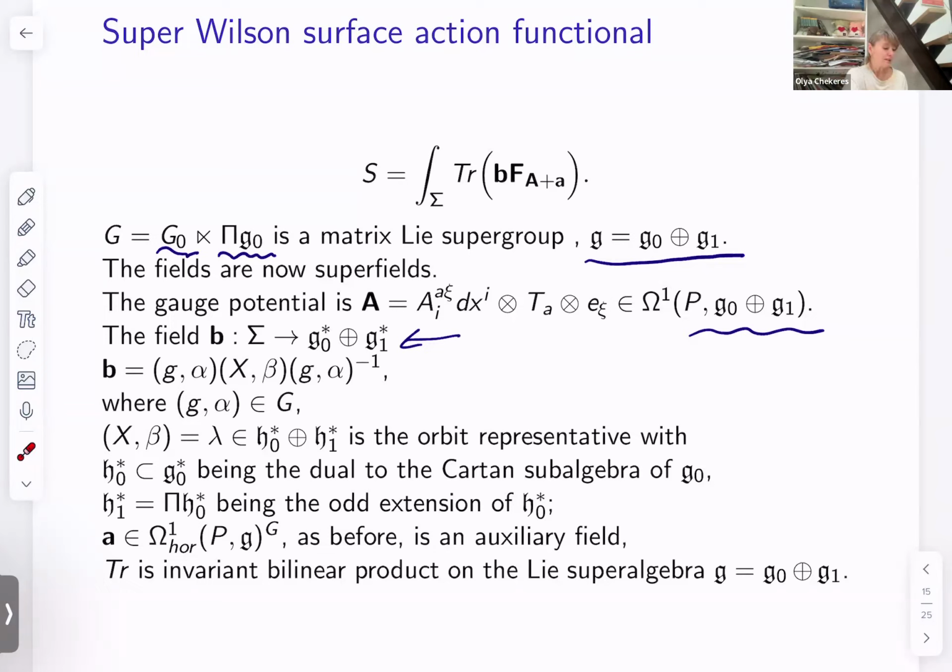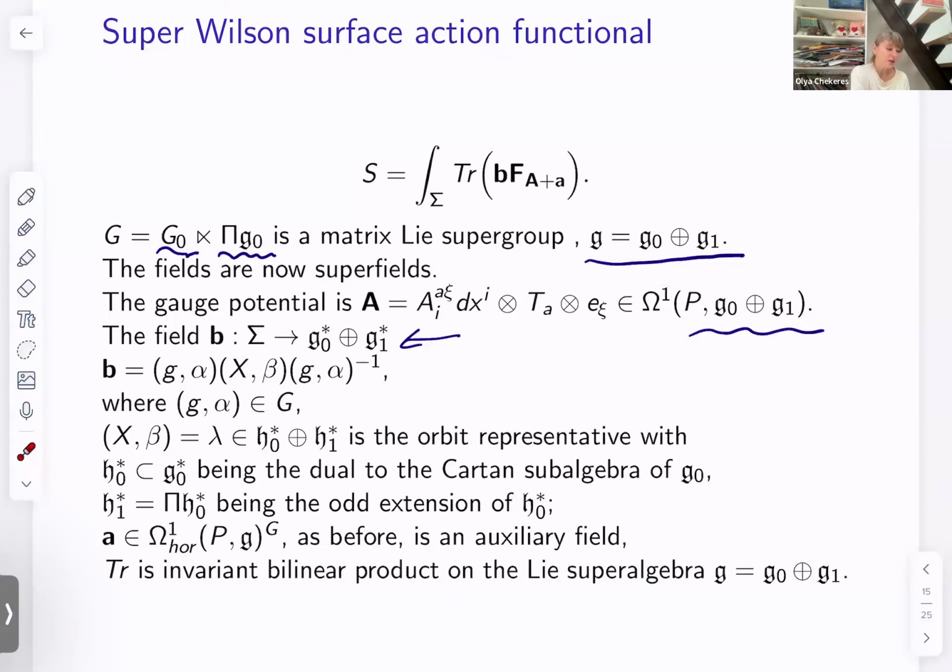And then the orbit representative is now defined as an element in the dual to the Cartan subalgebra, direct sum with its odd part, the shifted even part.